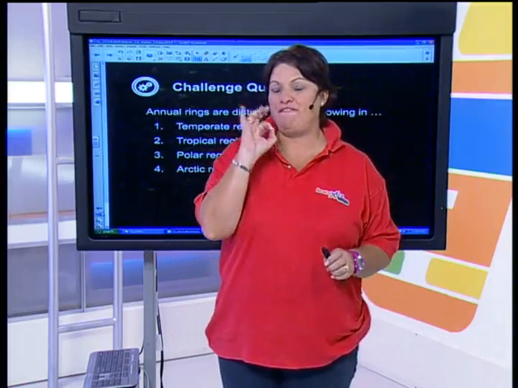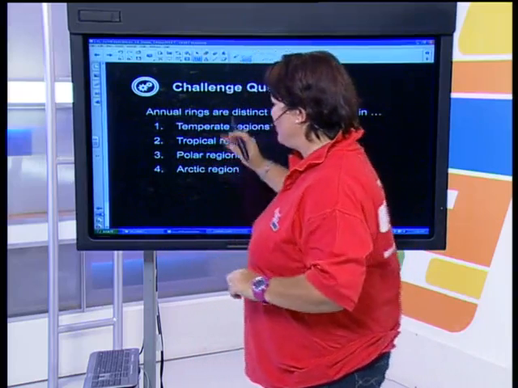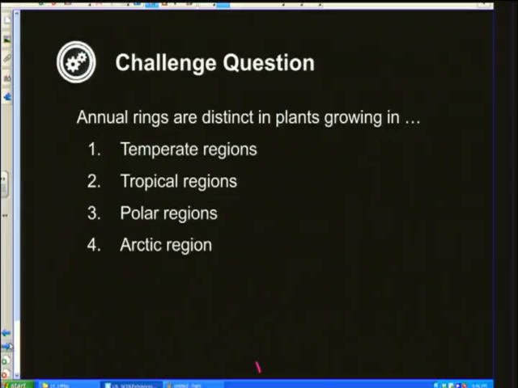Right, if you had listened carefully throughout, you would have known where we would see more distinct annual rings. Annual rings are distinct, I didn't say that they are in all of these regions. Temperate, tropical, polar, Arctic.